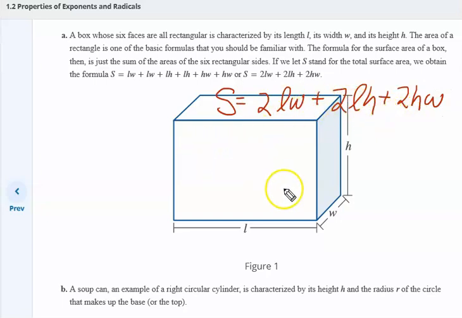So again, if you know the values, it just would be a matter of substitution to find out what these would be. All right, they're going to get a little more complex here as we go on.